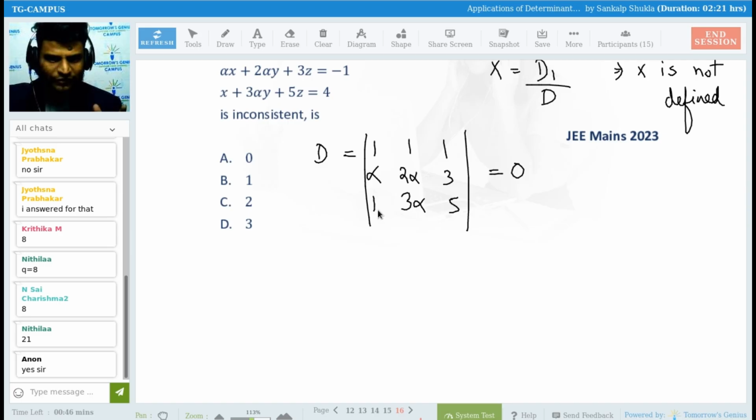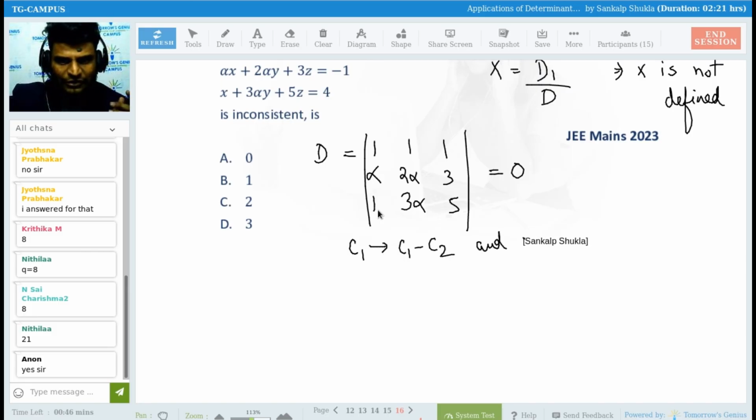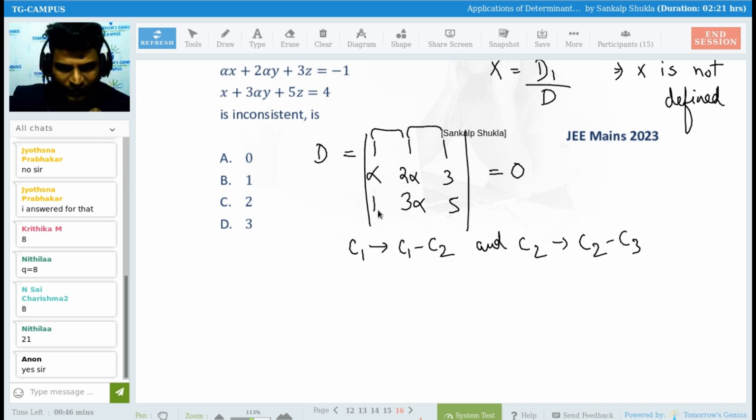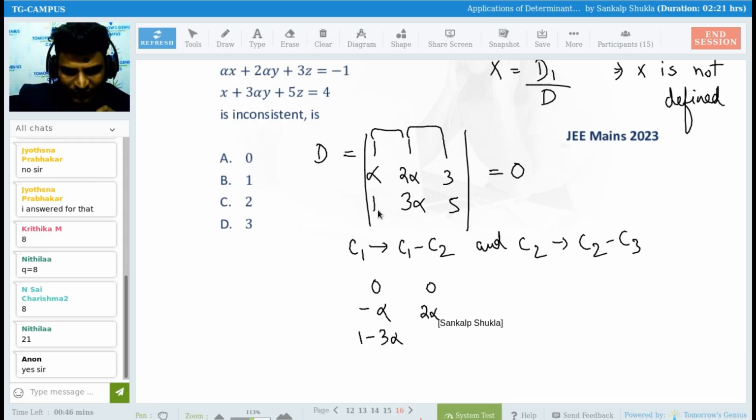Okay, fine. So we have to find the value of alpha from this determinant. Before expanding it, I'll use this operation: C1 becomes C1 minus C2, and C2 becomes C2 minus C3. Because this is a streak of 1. So it will be 0, minus alpha and 1 minus 3 alpha. Again it is 0, 2 alpha minus 3, and 3 alpha minus 5.